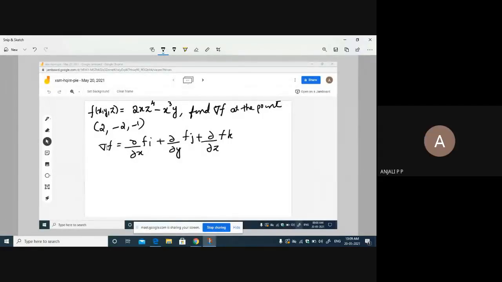Deepika, present, ma'am. Devika, present, ma'am. Fatima, present, ma'am. Misbah, present, ma'am. Shala, present, ma'am. Shibilia, present, ma'am. Zuhara, present, ma'am. So the absentees are Malavika, no, present.